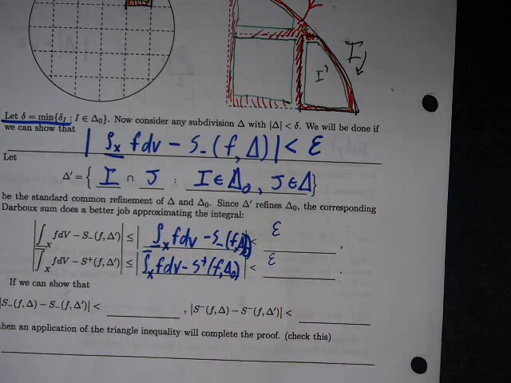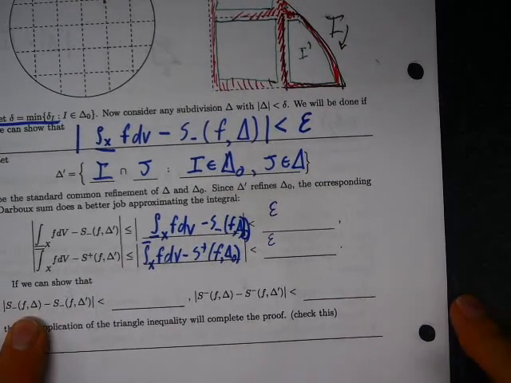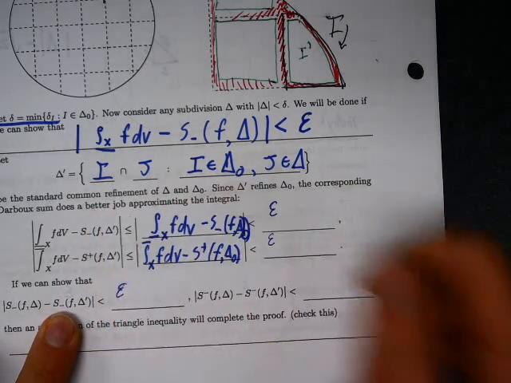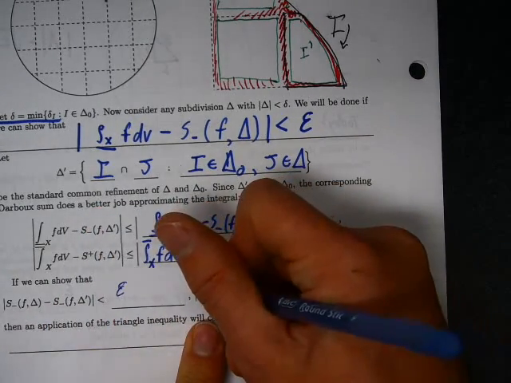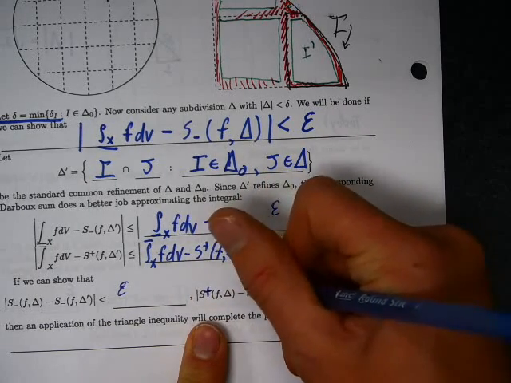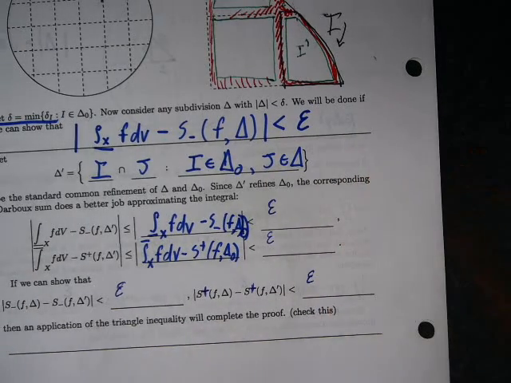So if I could also show that the difference between S minus of f over delta and S minus of f over delta prime were less than epsilon, and S plus of f over delta and f over delta prime were less than epsilon, then I would have the result, right?